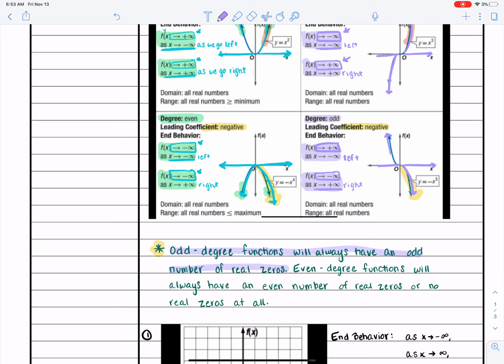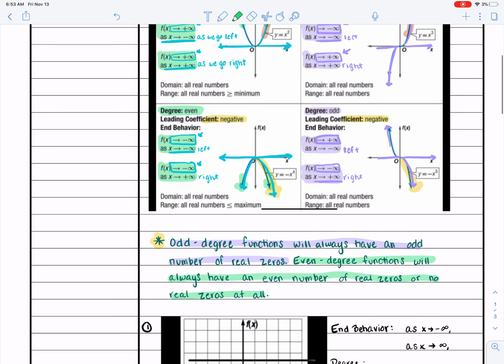Even degree functions will always have an even number of real zeros or no real zeros at all. So it is possible that an even degree function never touches the x-axis, or it will cross the x-axis an even number of times, 2 times or 4 times or 6 times.